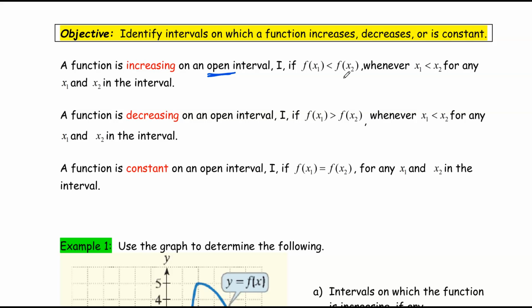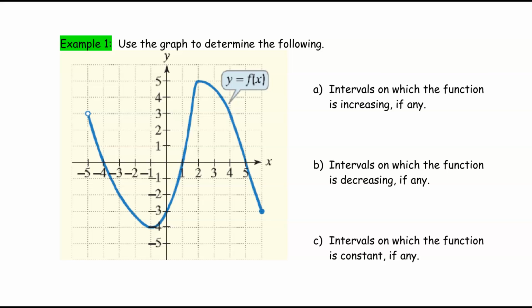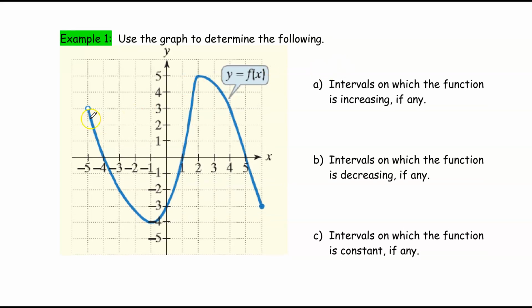In other words, if you actually look at the graph, we know that the function is increasing if you connect 2 points, and then it will have a line that has a positive slope. So if the graph is rising, then the function is increasing.